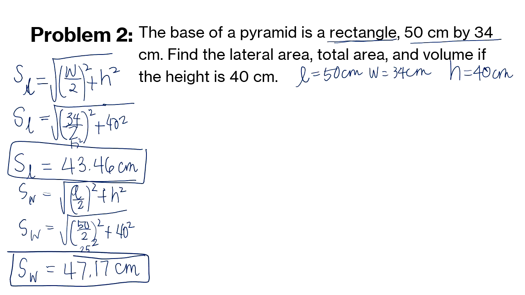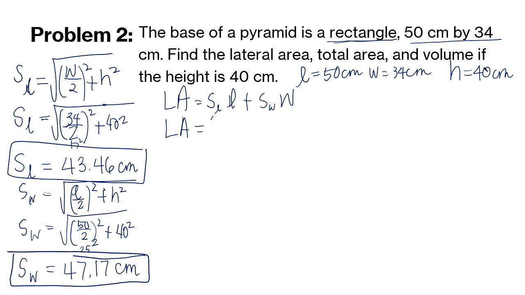Now that we have the values for the slant heights, we can now solve for the lateral area, the total area, and the volume. So for our lateral area, again, we have slant height of the length times the length plus slant height of the width times the width.